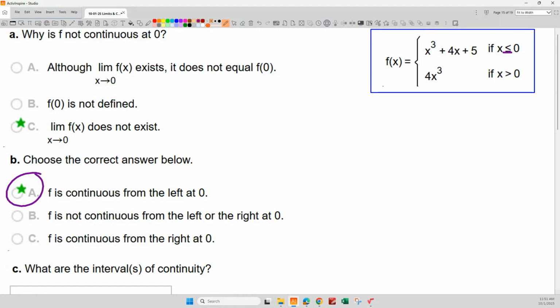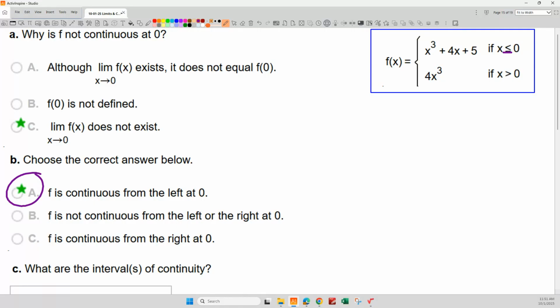So the limit from the left equals the value of the function at that point. That's not true from the right because the function's undefined from the right. Does that make sense? As we approach from the right, we're approaching a value 0, but the value of the function is 5. So it's not continuous from the right. It is continuous from the left.